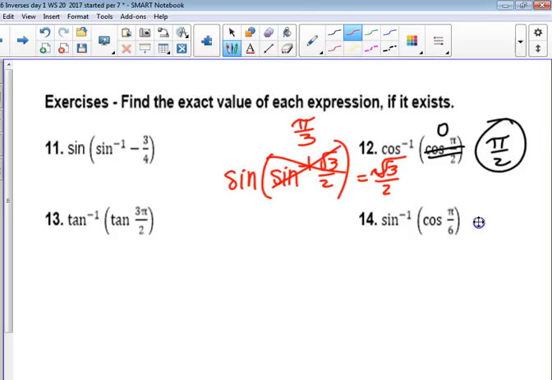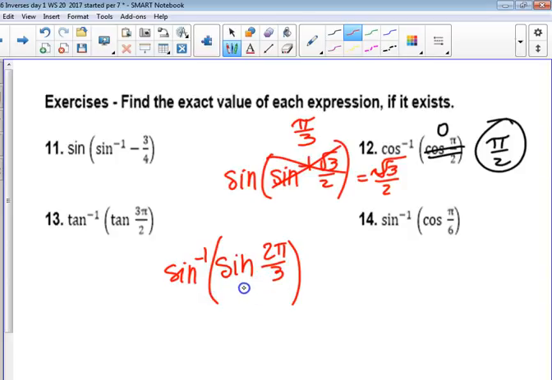Let me give you another example where they don't cancel each other out, okay? Do sine again. Can anybody tell me right away why you might know that that's not going to cancel each other out? 2 pi over 3 is not in an arc sine range.